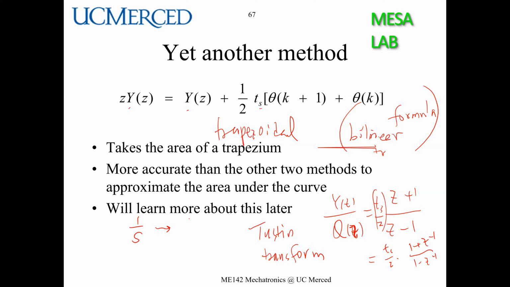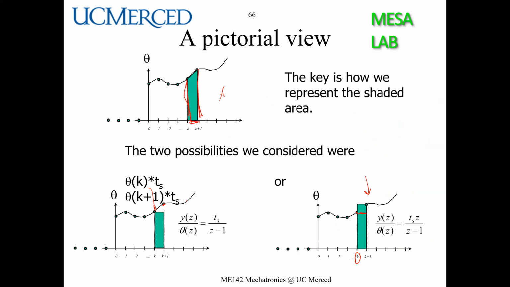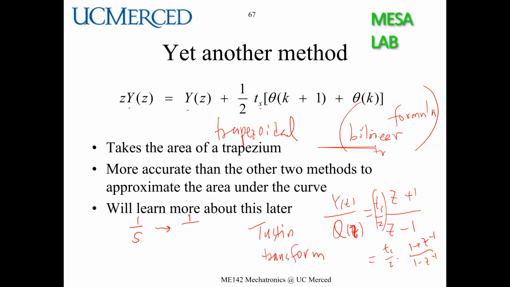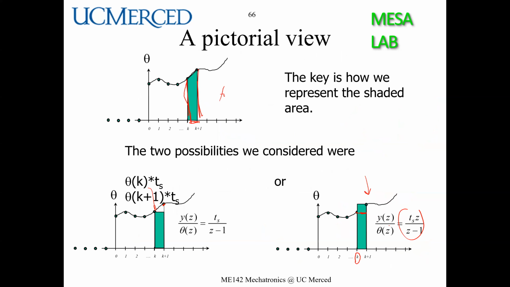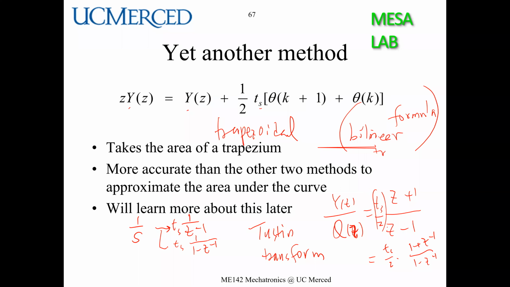You can say it is 1 over s equals 2 over ts times z minus 1 over z plus 1, or ts over 2 times 1 plus z minus 1 over 1 minus z minus 1. So that is this equation, the Tustin equation. So integration can be represented in terms of z. This is also called the bilinear relationship.